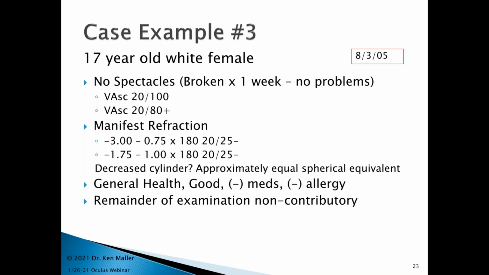We now have much less cylinder. There's only 0.75 and 1 diopter in the left eye, but that's been added onto the sphere. So spherical equivalent, she's about the same amount of myopia, but has decreased cylinder. I'm not really clear as to why that was. Again, nothing unusual about this, so I updated her pair of glasses once again in 2005.